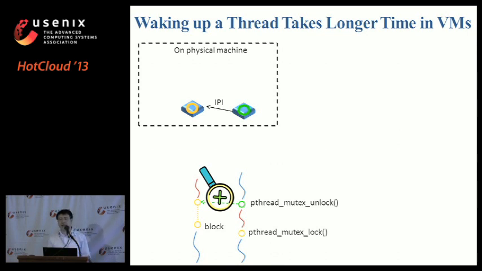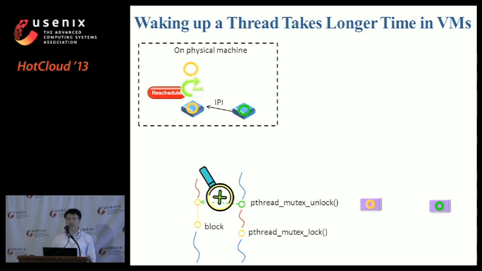IPI stands for interprocessor interrupt. The interrupt will trigger an interrupt handler on the target core. The interrupt handler will trigger the scheduler to do rescheduling. This is how the thread that called pthread_mutex_lock can be woken up.